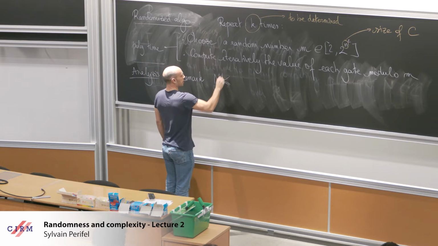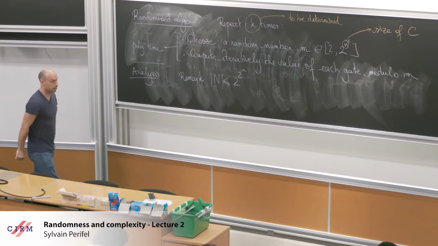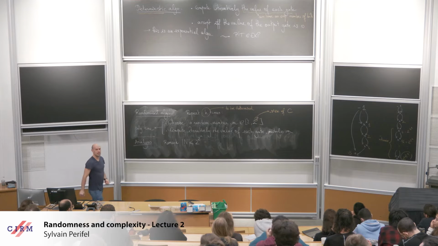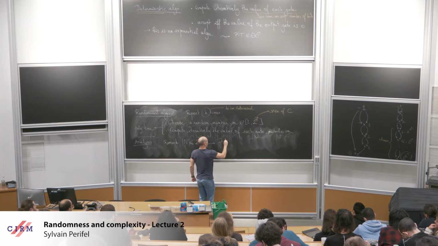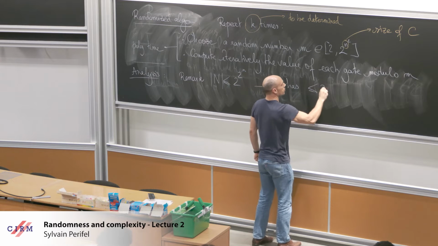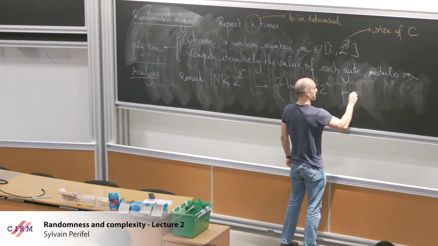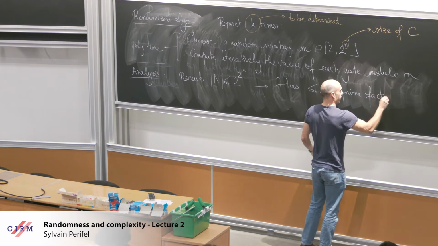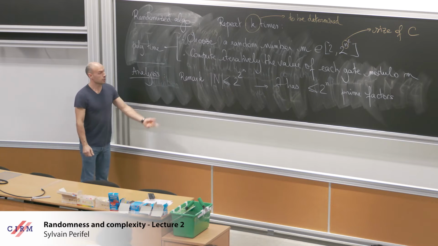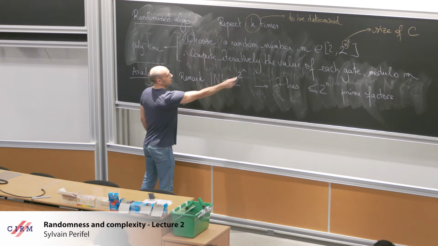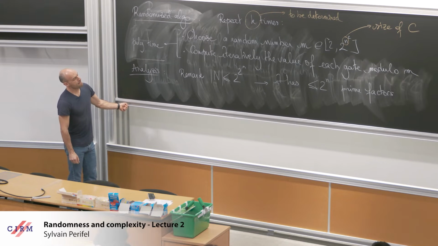We cannot do better than this using a circuit of size n. So capital N has at most 2 to the n prime factors, because every prime factor is at least 2.